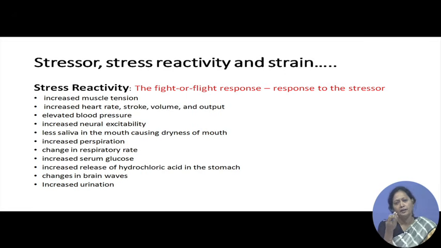Now this is one of the reasons why a long-term stressor causes ulcers. You may have heard of peptic ulcers several times, where a person is suffering from perforations in the stomach wall.